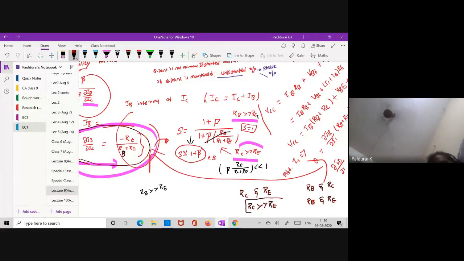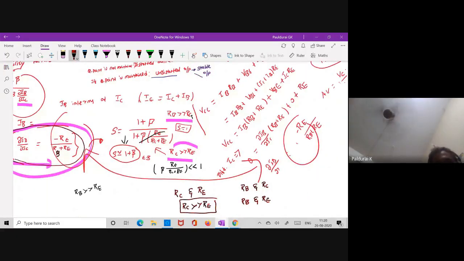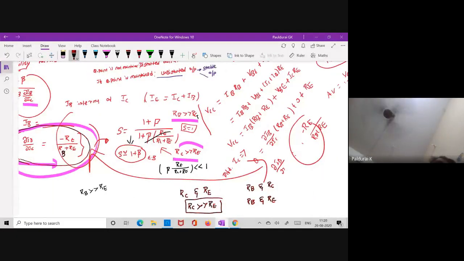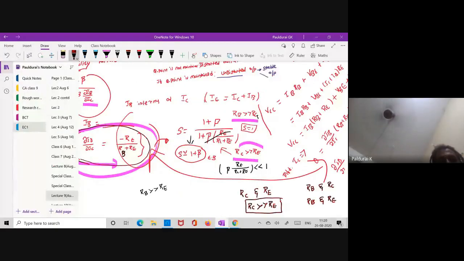When you design the amplifier, this concept will help you. What is the need for RC being very much greater than RE? You will understand that when you design. Don't worry. For the time being, just keep it in mind: RC is very much greater than RE.